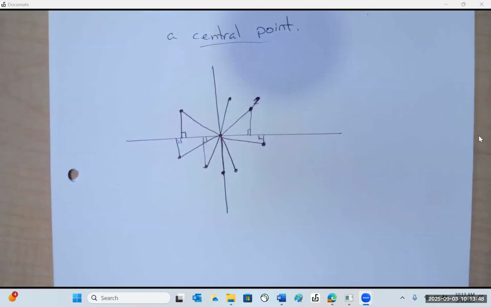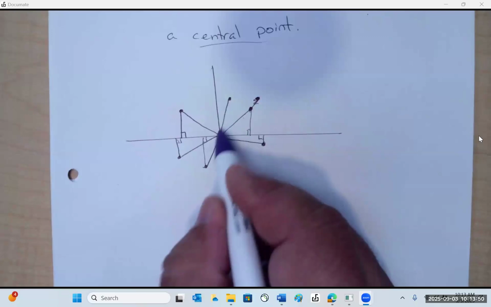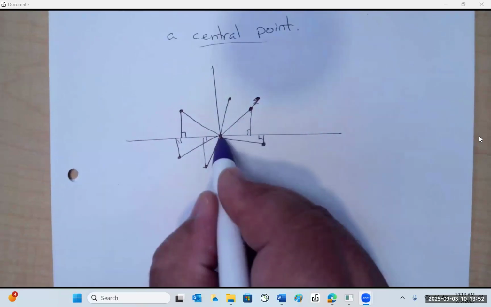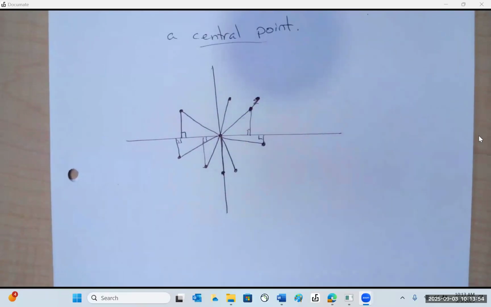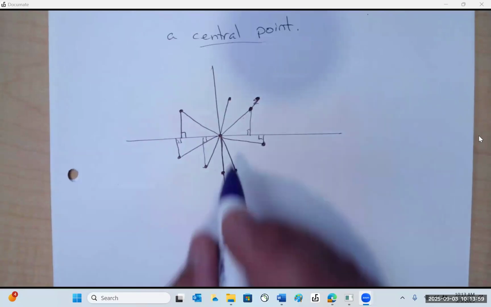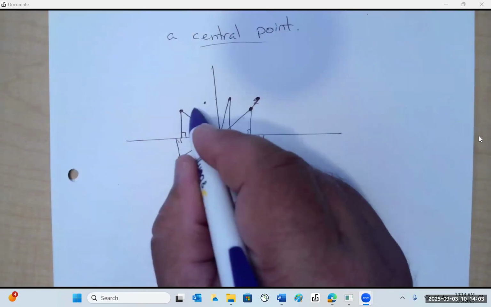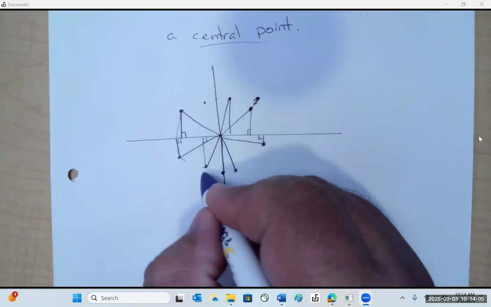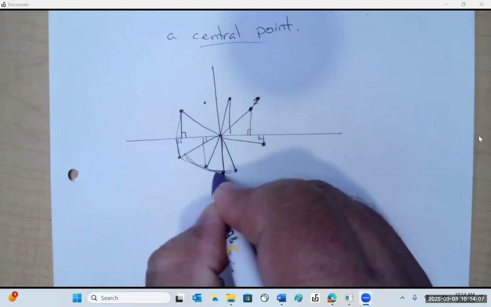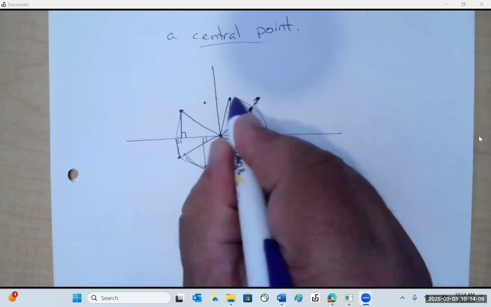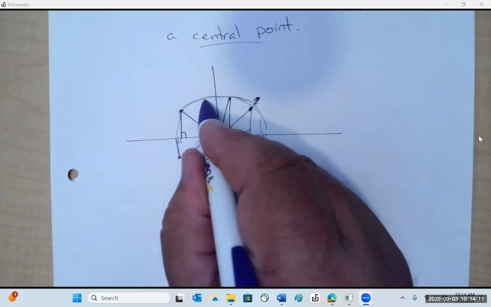Because remember, the radius is the distance from a center to the point. That's the hypotenuse. So the more dots I have, eventually all of these dots are going to form a circle.